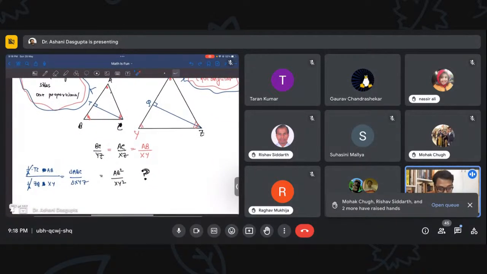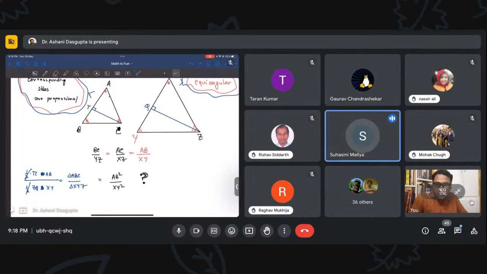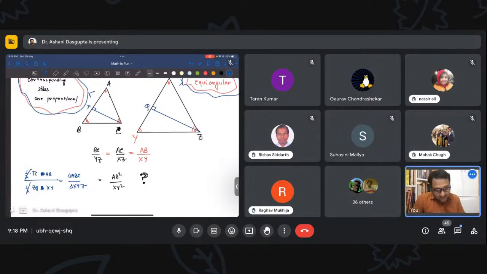I'm very close. There are two other similar triangles created in this picture. Can anyone tell me what they are? BTC and YQZ. Okay, you're right. BTC and YQZ. Why is that?